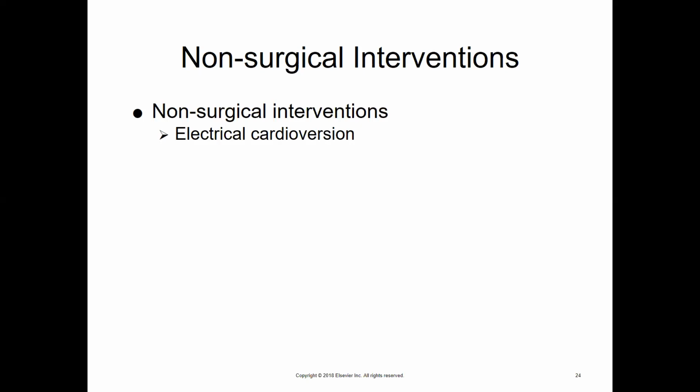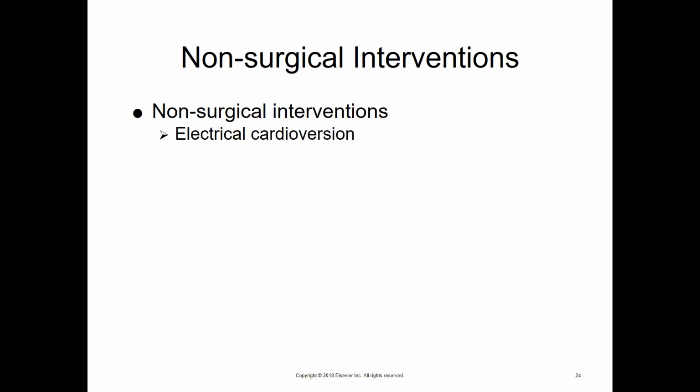Make sure you have emergency equipment available just in case something would happen. And then during the cardioversion, you would take their oxygen off, put their leads on, make sure everybody's clear. The doctor would do the cardioversion. And then once they get a regular rhythm, that's when it would be over.